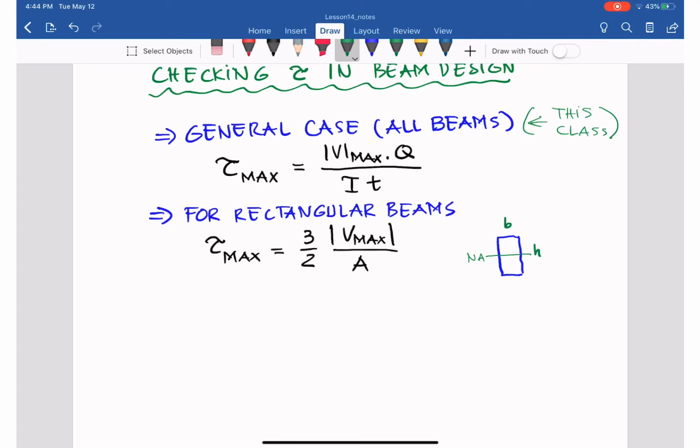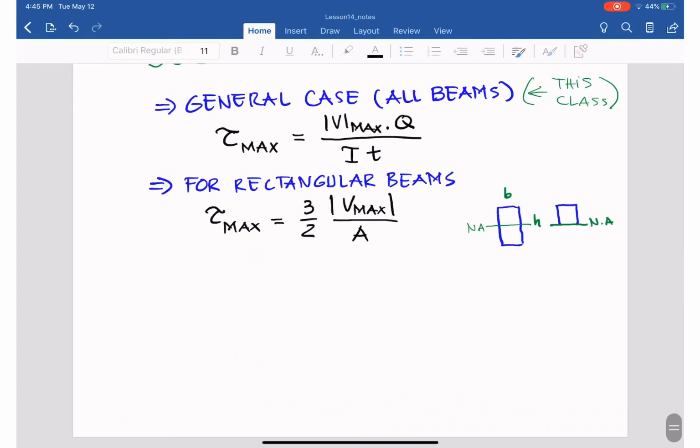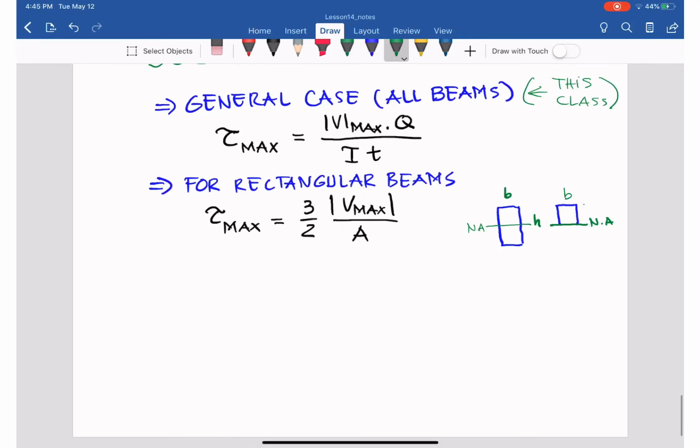For Q, from the neutral axis we take half of that rectangle. The width here is still b, and the height here is h over 2.